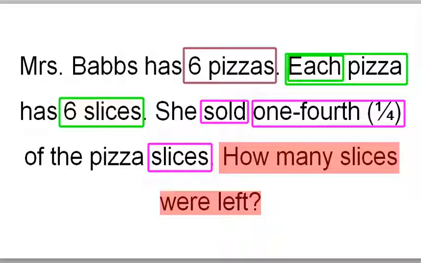And then she's going to sell 1/4 of those pizza slices, and we want to know how many slices were left. So at this point, I want you to be thinking about how you're going to solve this problem. Remember, we're on page 30 in our packet, so make sure that you're recording your work in your packet. And at this point, you can pause your video and then unpause and we'll solve it together.